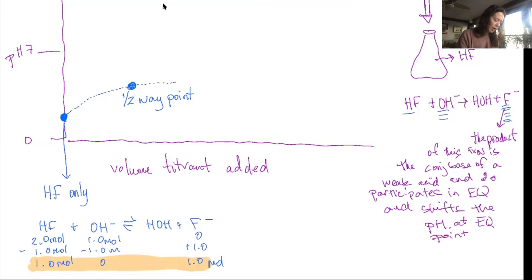At the halfway point, you must know this, the moles of weak acid is equal to the moles of the conjugate base. Therefore, we have a perfect buffer solution.